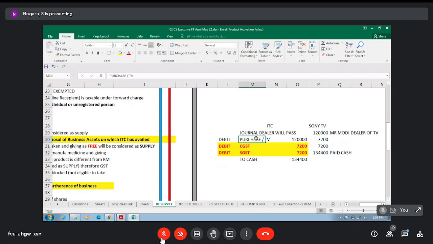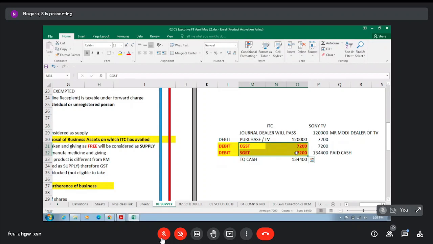On input, we have taken the credit. This is a debit, but from the government angle, the government will also maintain your passbook. For each transaction, there it will be credited. That is called ITC.